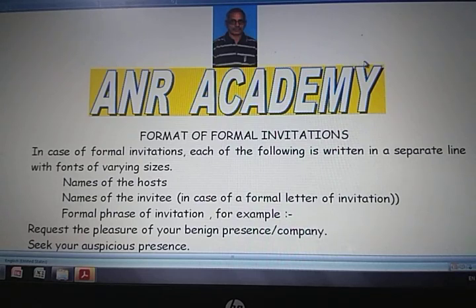Either it may be a notice or advertisement or formal invitation, accepting a formal invitation or politely informing about your non-availability to accept the invitation. All these four categories, you are asked to write only one till your previous examinations.